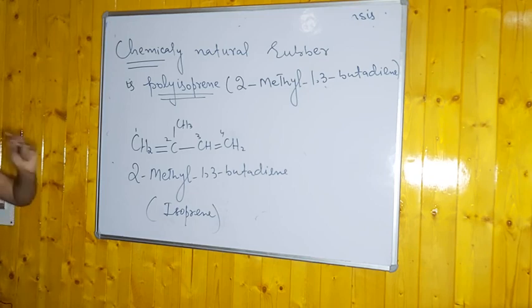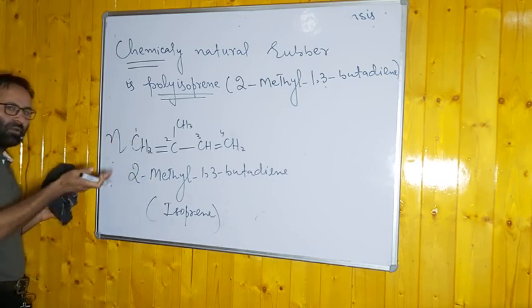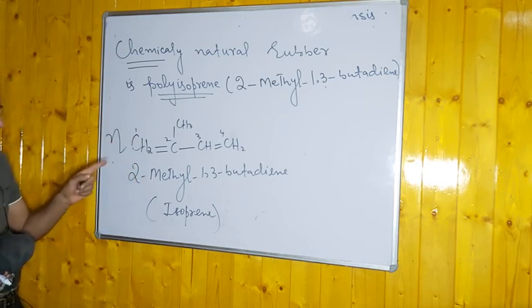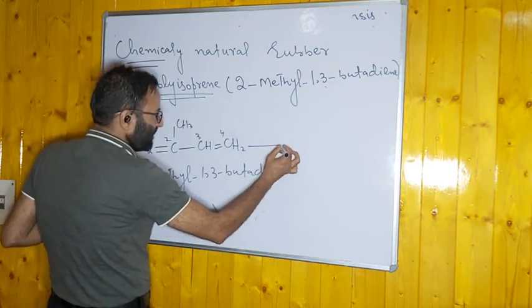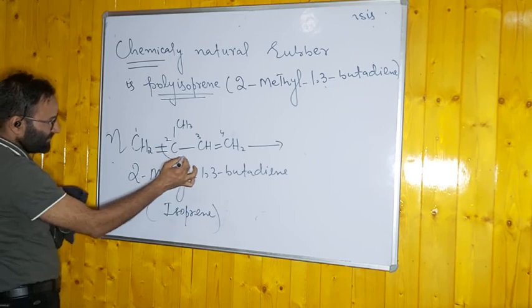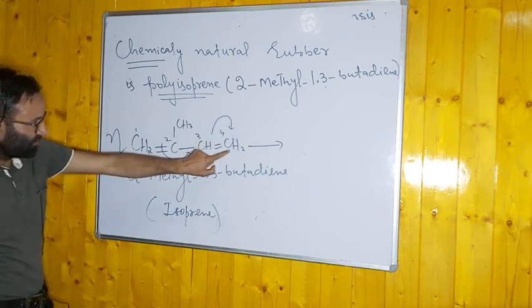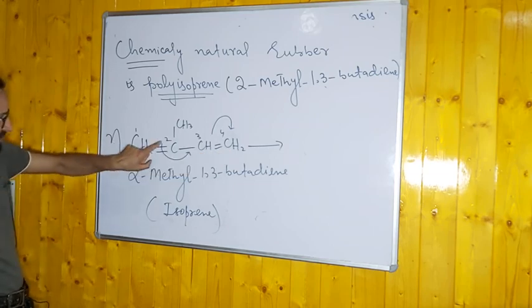Because it contains a double bond, it undergoes addition polymerization. When this isoprene undergoes addition polymerization, the pi bond will shift here, and it will form a bond.